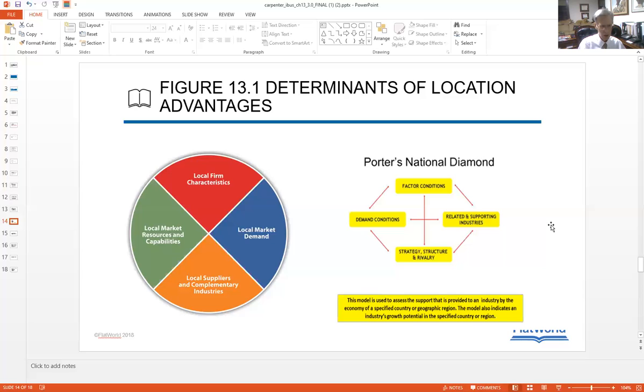In which case, what Porter recommended was that we look for countries that have the right combination of these four elements. And the most important, the one at the bottom, is not strategy or structure, but rather rivalry.